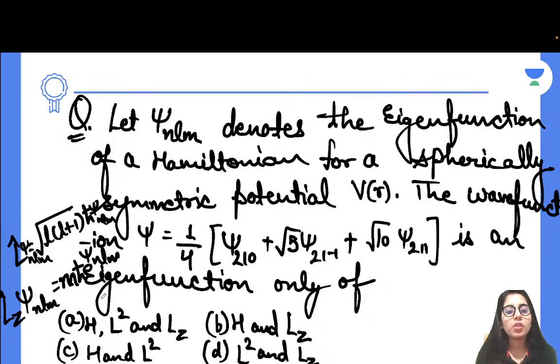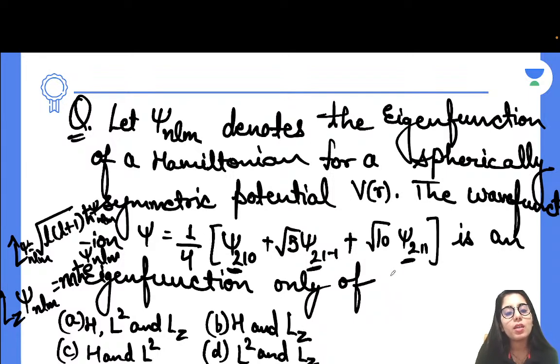So in that situation, what will happen? You know that the Hamiltonian depends on n, because if you recall, the Hamiltonian means the energy expression of the hydrogen atom, which depends on n square in the denominator. So in this particular situation, the n value in all the terms is the same.